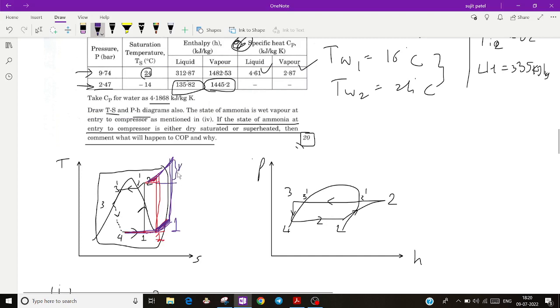So in the superheated case, in most cases COP is increased, but you have to write that the final decision on whether COP increases or decreases depends on the relative increase or decrease in the refrigeration effect and power consumption.